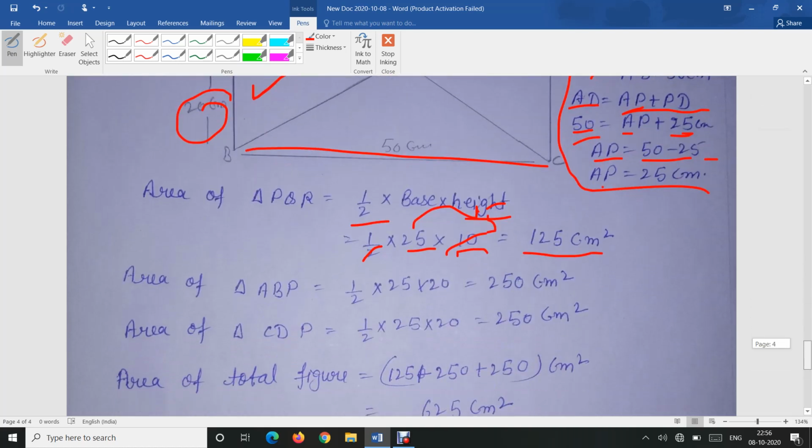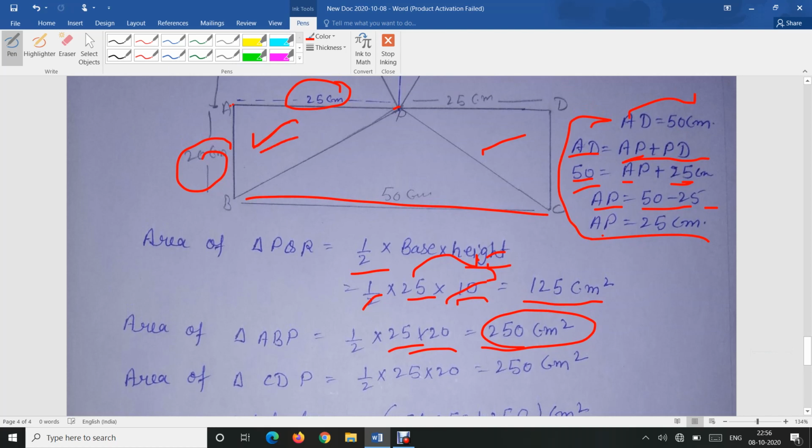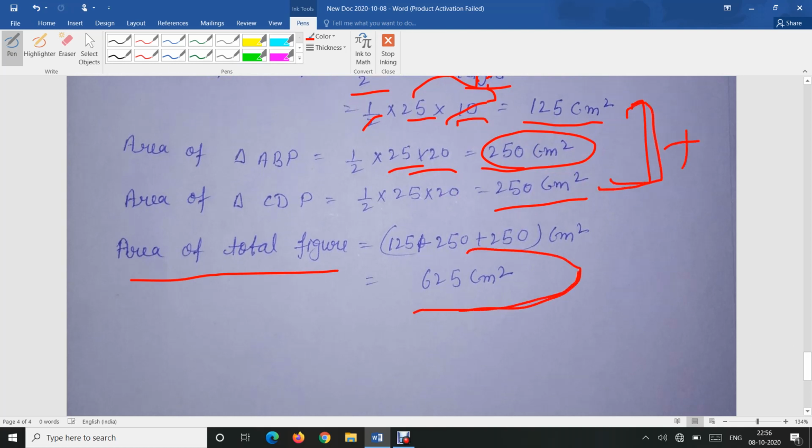So half multiplied by 25 multiplied by 20 will be equal to 250 centimeter square. The next one is the same figure, so the area for this figure will also be 250 centimeter square. Now to find the total area of the figure, you have to add all these three areas, and on adding them you get 625 centimeter square.